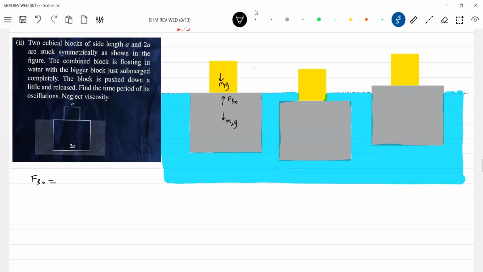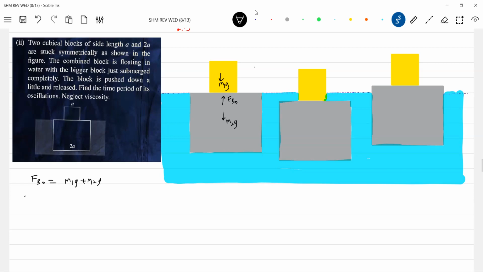Let me do one thing. FB naught equals m1 g plus m2 g. So only the areas of cross section are different, no?